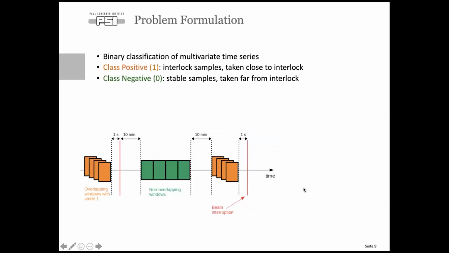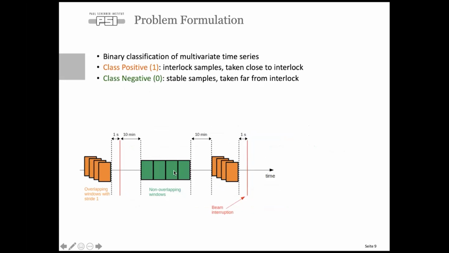In our first attempt, we try to formulate the problem as a binary classification of multivariate time series problem. So we have two classes. The positive class is the so-called interlock samples, which are taken close to the interlock, as you can see here. So we take the time windows very close to the interlock, only 1 second before.